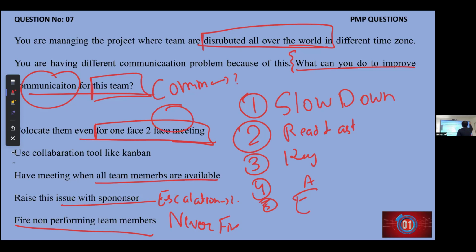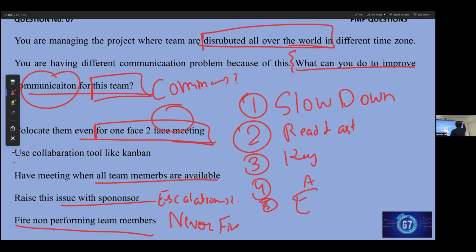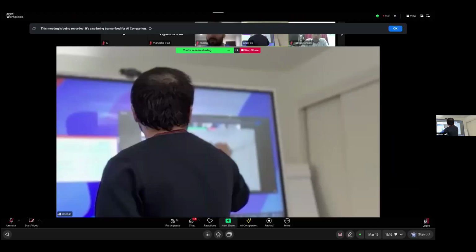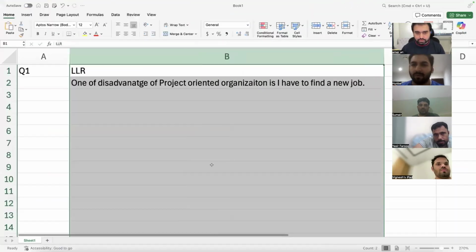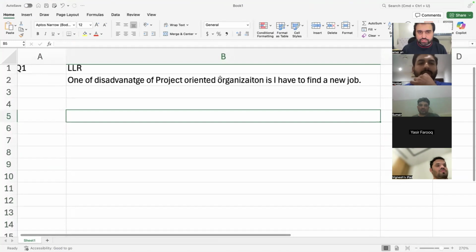Now, coming to the lesson learned. When we say we want to do lessons learned, we discussed it yesterday. How do we do it? We go to the Excel file. We put in the topic name and question number.